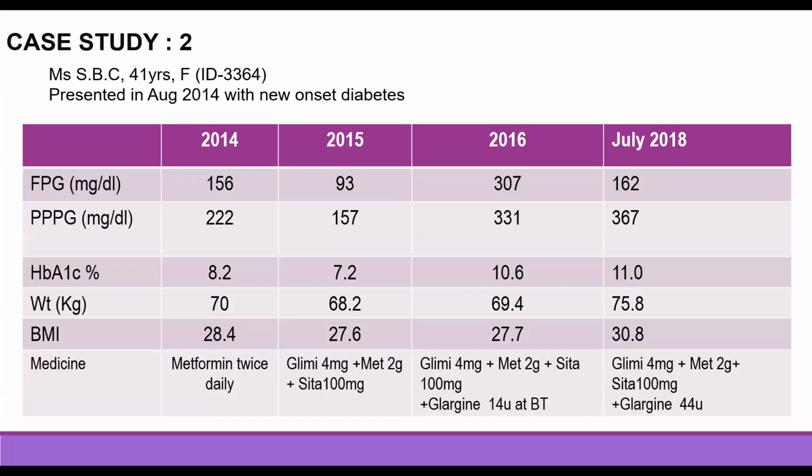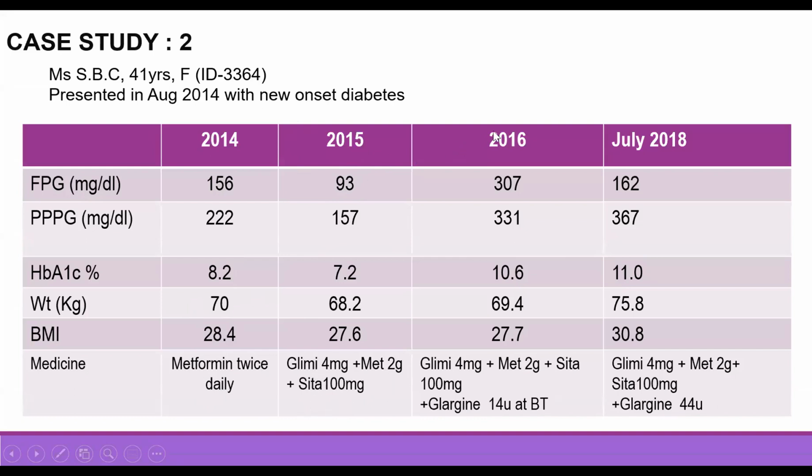Coming to the next case, this is a patient who presented with type 2 diabetes, new onset in 2014. When you start the metformin, the patient improved, but later she progressively required more anti-diabetic drugs, so that in 2014, to keep her blood glucose under control, we have to continue with a lot of anti-diabetic drugs. 3 anti-diabetic drugs were prescribed.